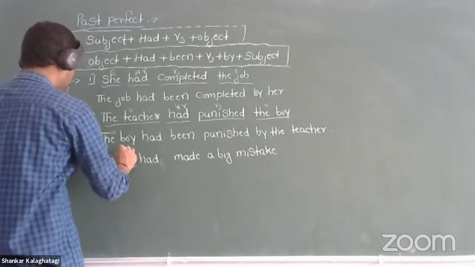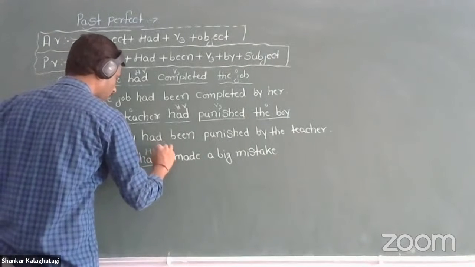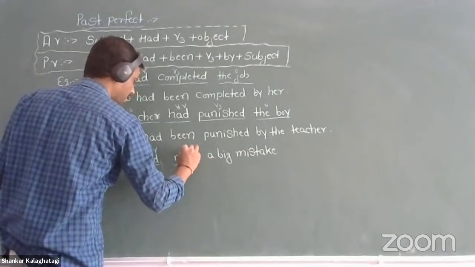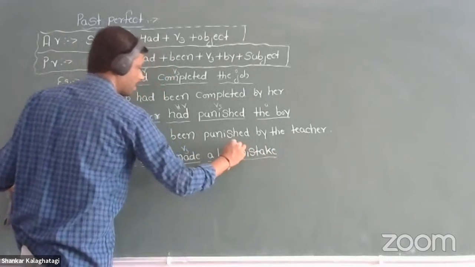Sanju is the doer. So had is the helping verb. Made, that is the V3. A big mistake is our object.